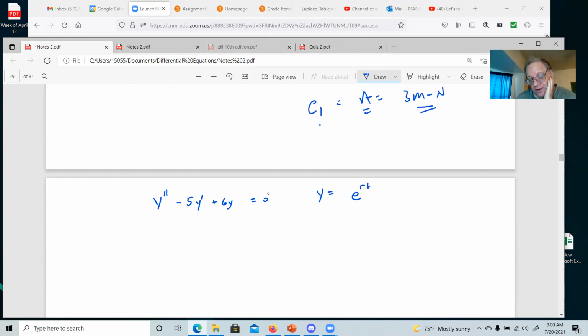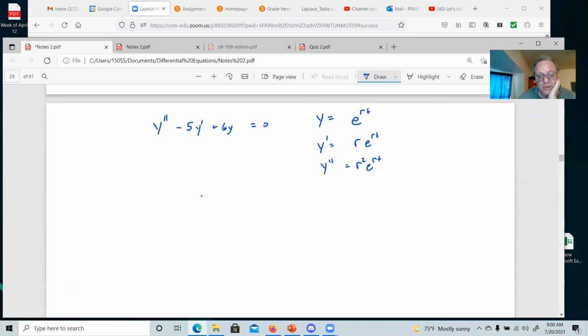Now, what we're going to have to do is we're going to say y prime is equal to r e to the rt, y double prime is equal to r squared e to the rt, and then we're going to plug in and say, well, this is r squared e to the rt minus 5r e to the rt plus 6 e to the rt, because we set y equal to this, right? So y prime was r e to the rt, y double prime r squared e to the rt.